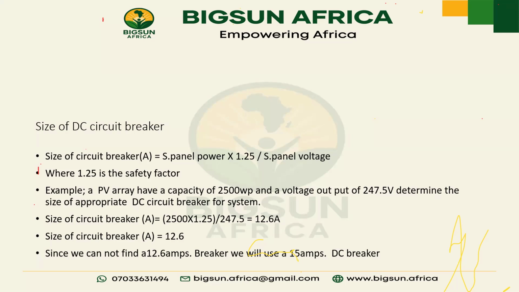What I mean by not the VOC is that the voltage you are going to be looking at is not the individual VOC of the panel. The voltage we are going to be looking at is the total voltage of your connection, the sum of all the VOCs after the connection.